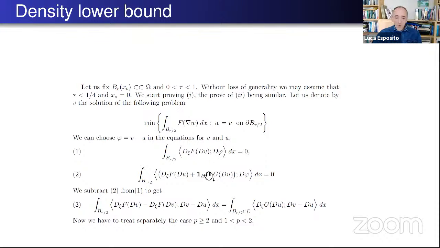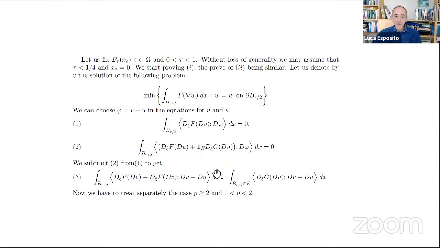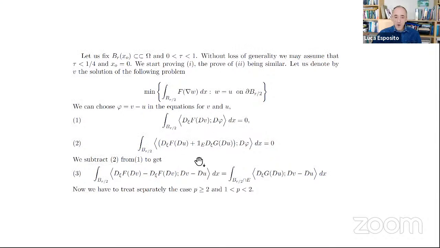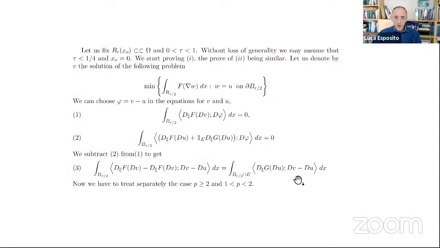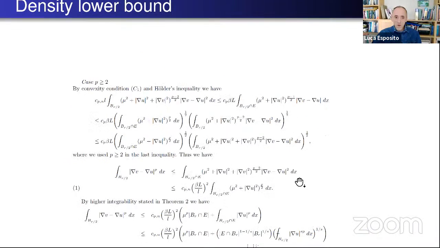Then you can take the difference between these two equations, and there is a common term that goes away. On the left-hand side we use the ellipticity, and on the right-hand side we use the growth.